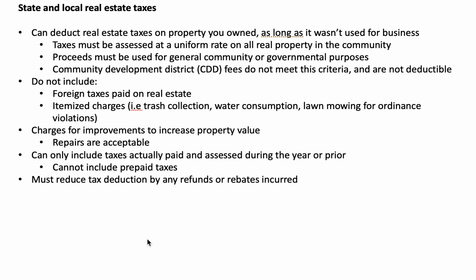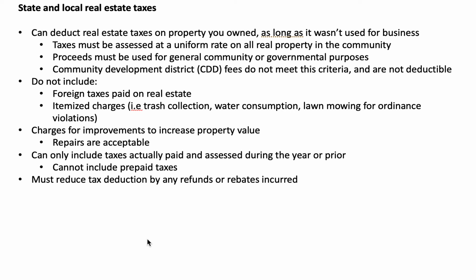State and local real estate taxes. So once you've gone through the calculus of determining the income tax versus sales tax discussion, assuming that you have not already reached the $10,000 ceiling or the $5,000 for separate filers, you can go ahead and include any real estate taxes and then eventually personal property taxes.